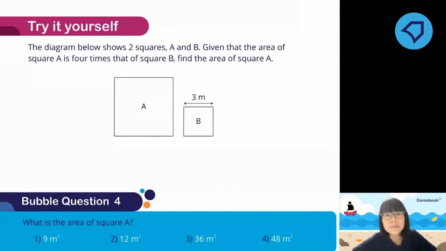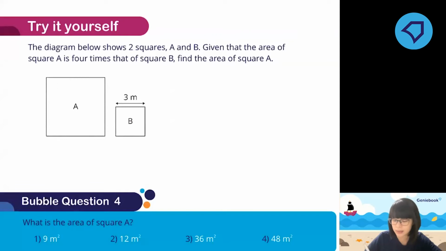This one is very similar to the one that we did last week on the perimeter. Let me help you guys out over here by writing the partial statement, and then I'm going to leave it to you to do your calculation. We know that the area of square A is 4 times that of square B. So the first thing we need to do is to find the area of square B. Once you find the area of square B, to find the area of square A, what must you do?